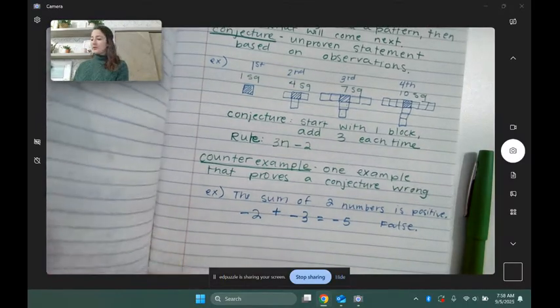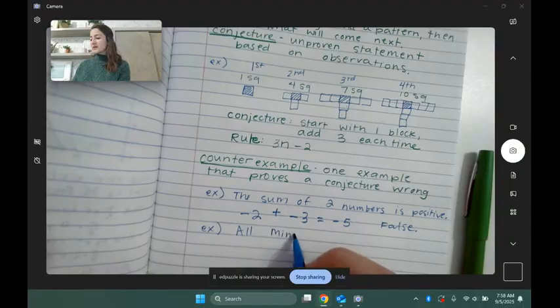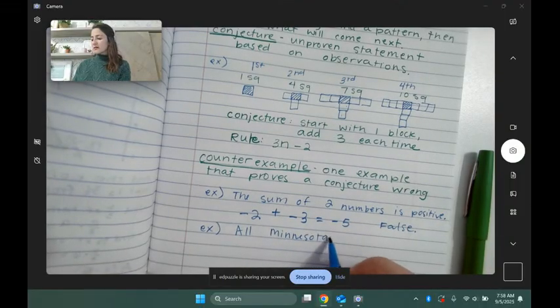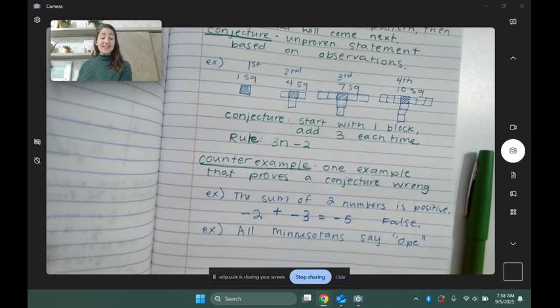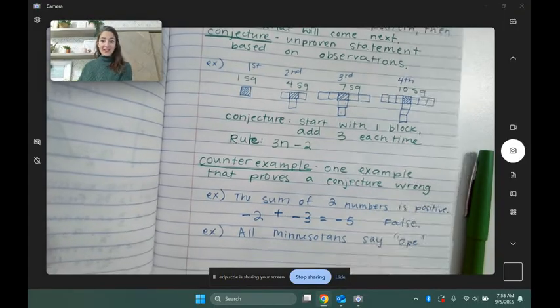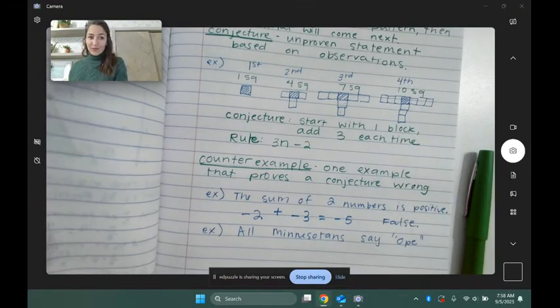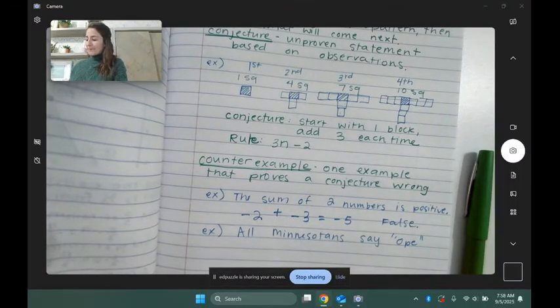Another example could be like all Minnesotans say "ope." Is that true? Does every single one of us Minnesotans say the word "ope"? Probably not. For example, my brother does not say that.